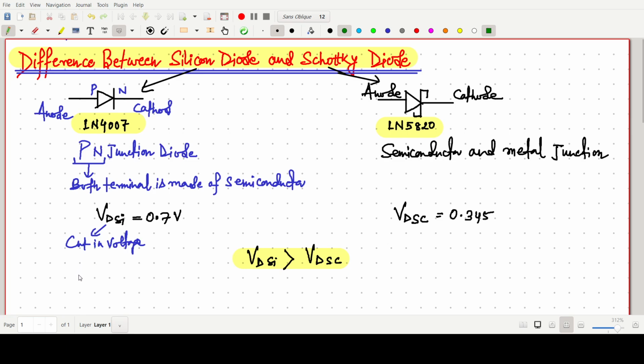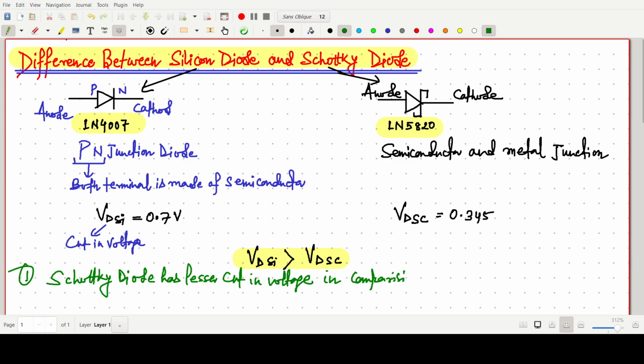So what we can write, first point: Schottky diode has lesser cut-in voltage in comparison to silicon diode.